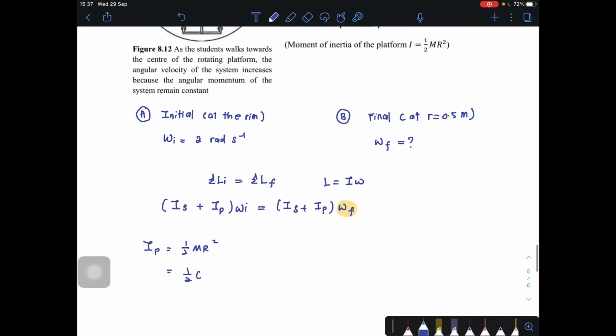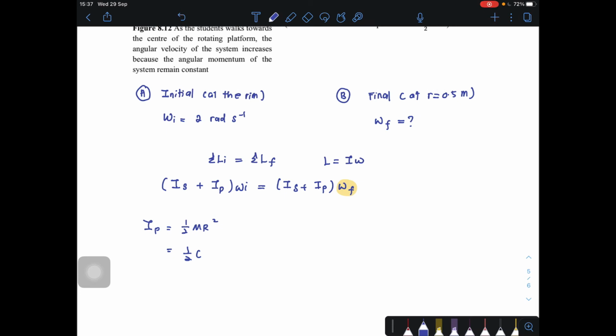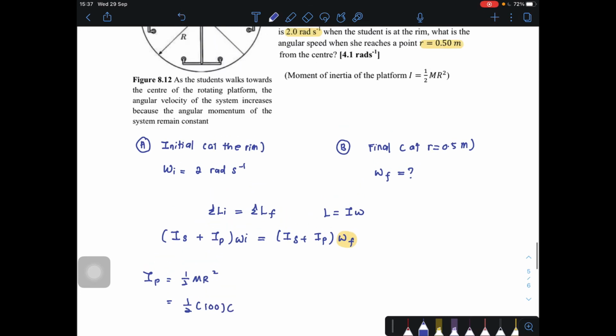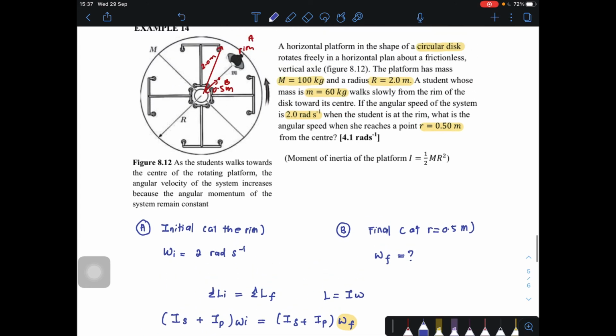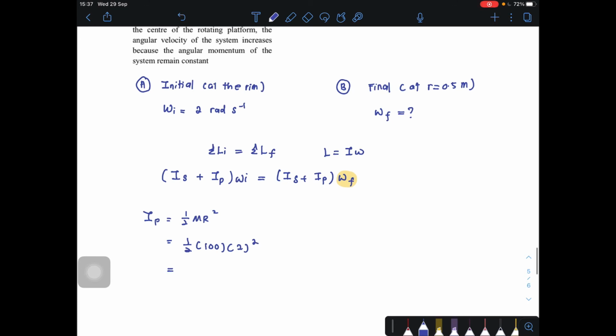So m is mass of the platform, which is 100. And then the radius is 2 meter. So you will get it is equal to 200 kg meter square.